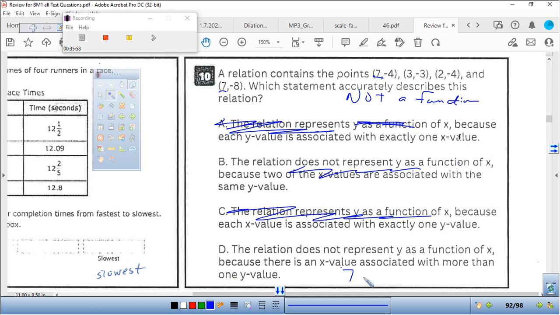Yes, so 7 goes with what? It maps to a -4, and it maps to a -8. Or you can say 7 goes to a -4, and the same 7 goes to a -8, which means it's not a function. Check.